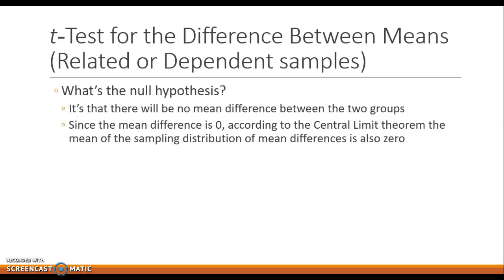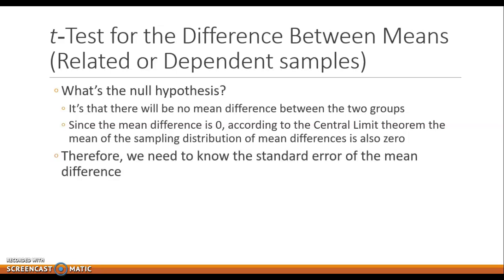Remember before we had the sampling distribution of the mean of the samples? Well, samples, differences, same thing. Central limit theorem. So therefore, because we know that our null hypothesis would say that the difference is 0, and the central limit theorem says that the mean of the sampling distribution of mean differences is also 0, we need to find the standard error of the mean differences.